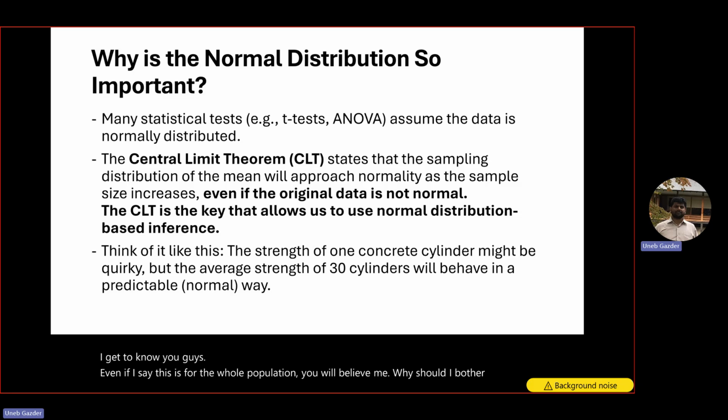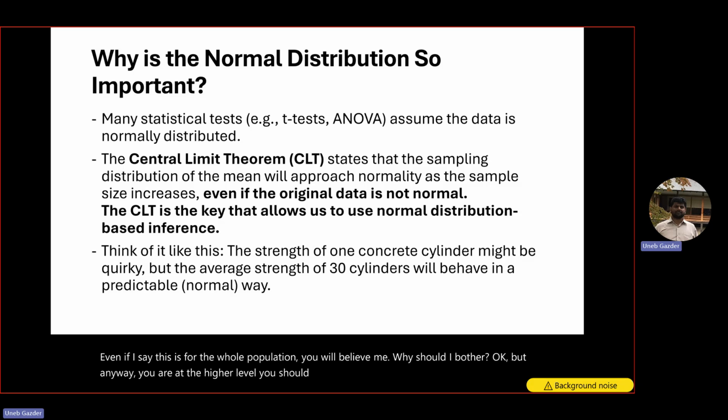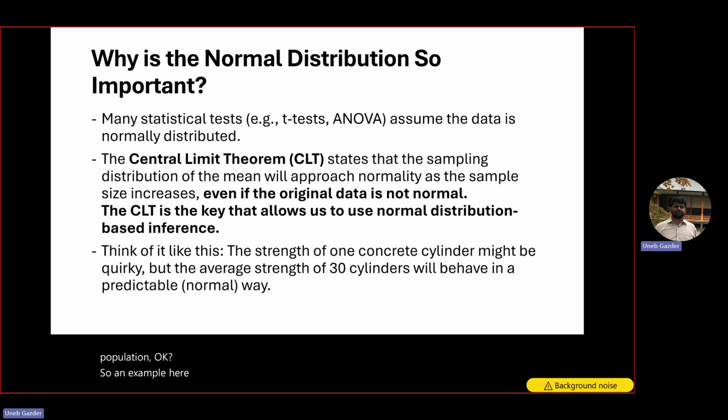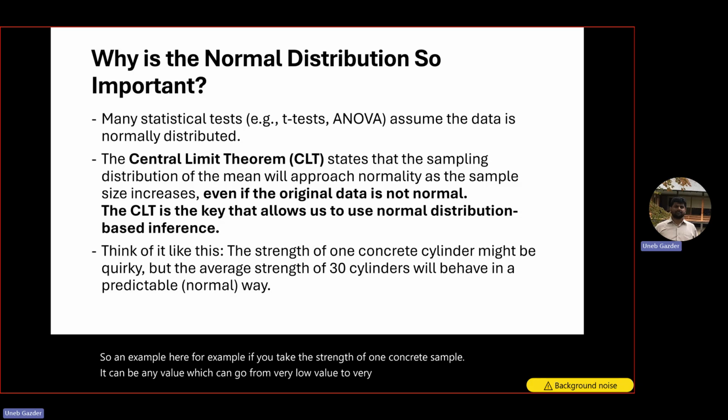But anyway, you are at a higher level, you should understand these things. We are not talking about applying the central limit theorem to the population itself, but to the mean of the population. For example, if you take the strength of one concrete sample, it can be any value from very low to very high. One sample can go anywhere.